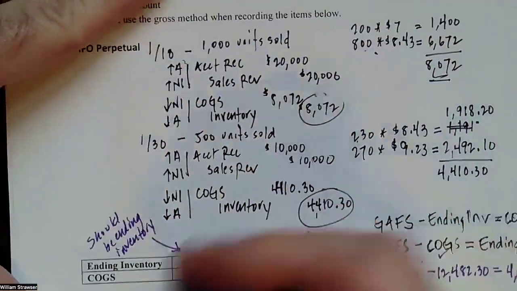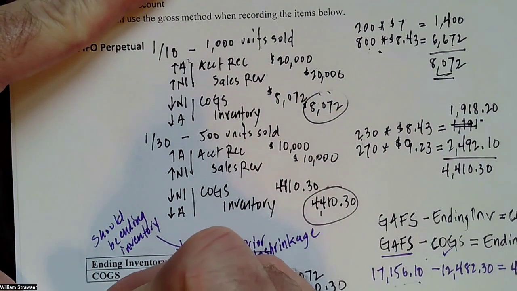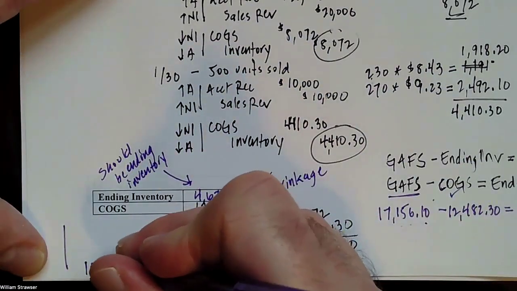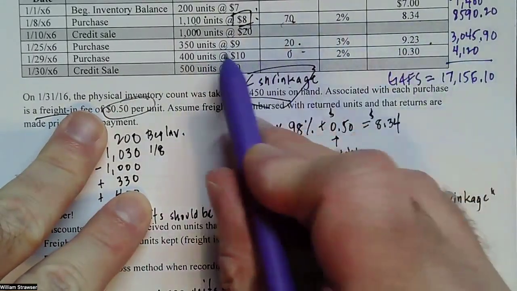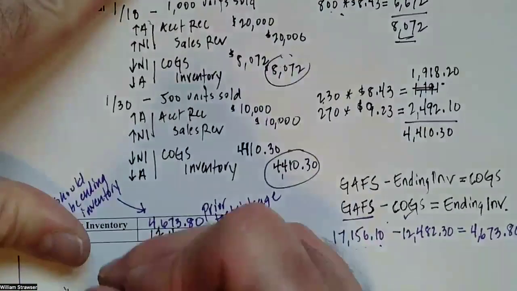So the shrinkage for those 10 units would be at this price point where there's still units available and it's still an older price point than our most recent purchase.